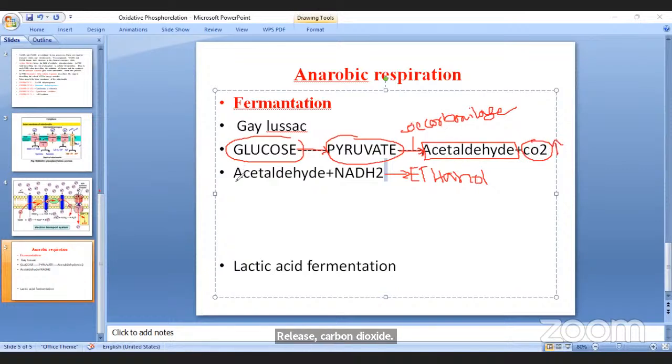In the second step, this acetaldehyde is reduced into ethanol.